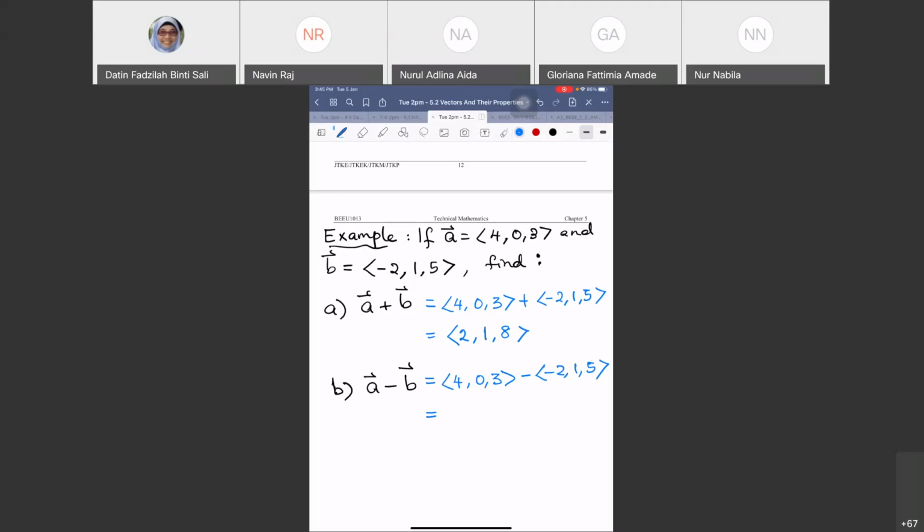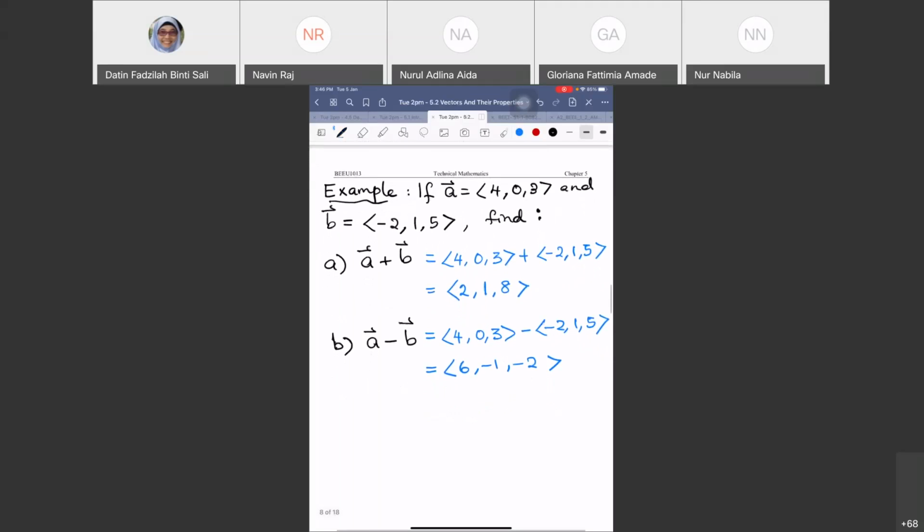Again, you subtract x and x, y and y, z and z. So 4 minus minus 2, 0 minus 1, and then 3 minus 5. So that is vector A minus vector B. If you have any question, just let me know.